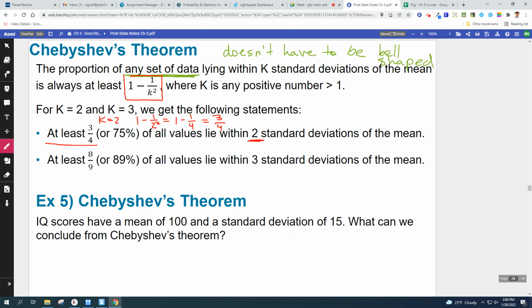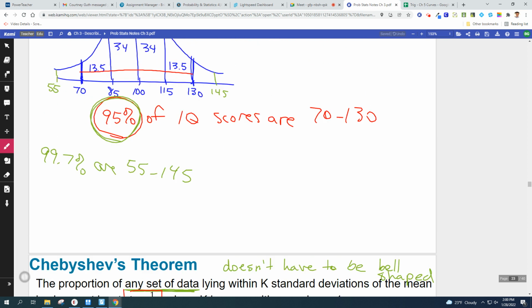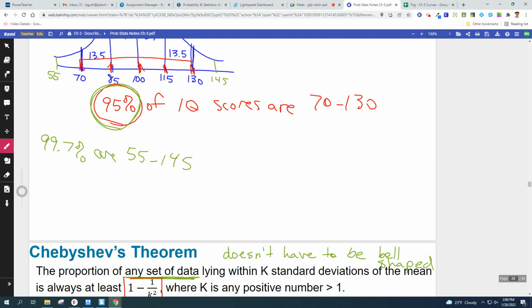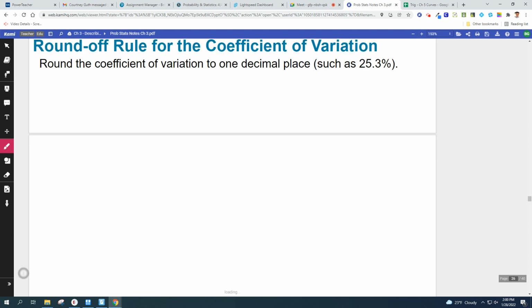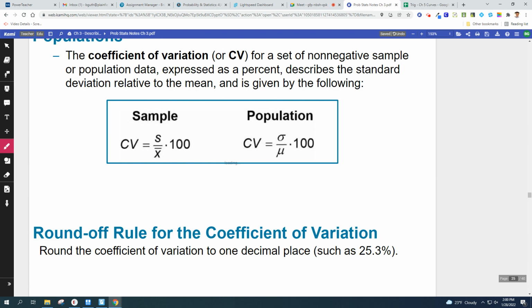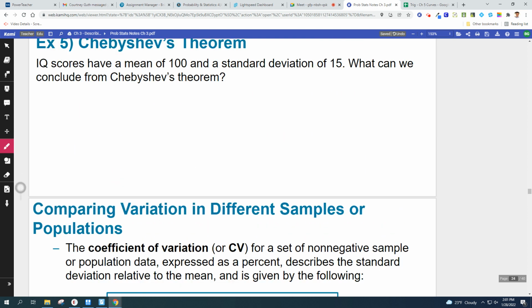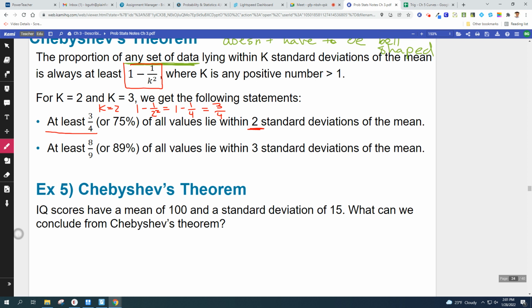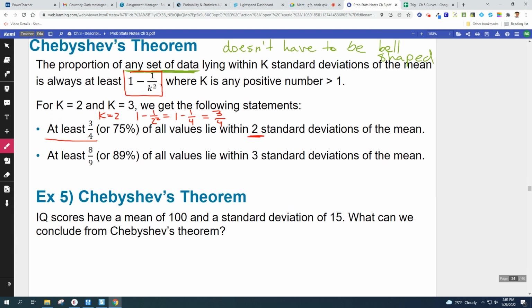Okay, so it's kind of saying the same thing as that bell shape. All right, it's not a bell shape, but that's what we were talking about. We were talking about within 2 standard deviations. All right, but the difference is we don't have to be talking about bell shape.